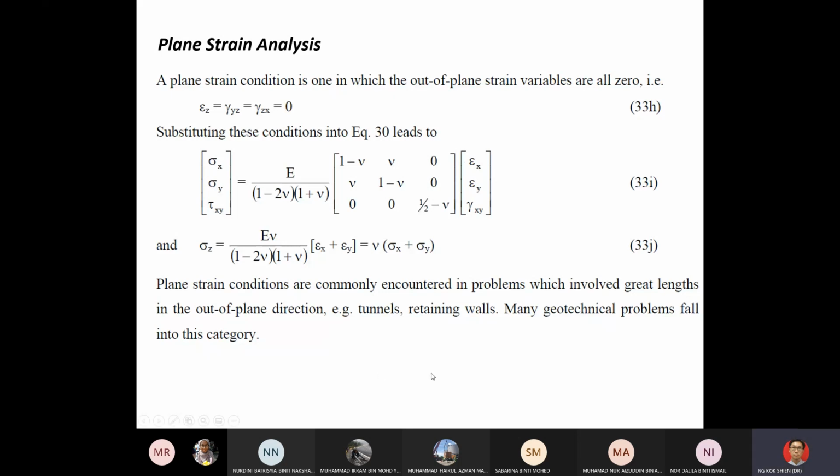We always assume the problem is two-dimensional. You still remember how you design for the retaining wall? We also assume that the wall is a long wall. Okay, this is about the plane strain analysis.